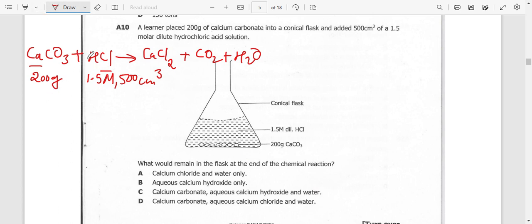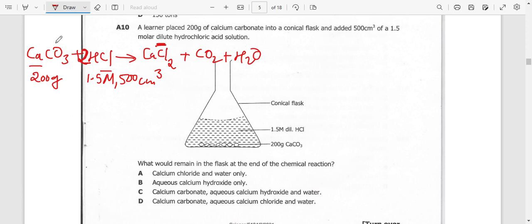Make sure that this reaction is balanced, because you can't work with chemistry if reactions are not balanced. So you can see for chlorine, you have 2 of them here, meaning that for me to balance, I'm also going to put a 2 in front here. If I put a 2 in front there, I'll make the hydrogens 2. Also the hydrogens on the products are 2. So the reaction is now balanced like that.